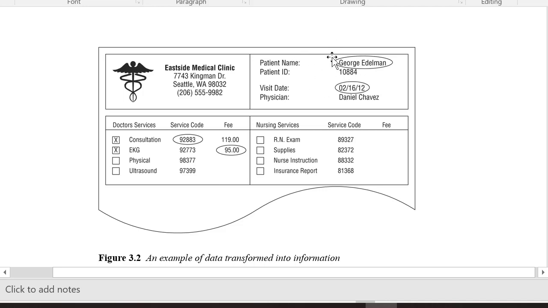But one is the object table, which is probably patient's name and information, and the other one is the event. What did they do and when did they do it, and what fees did they use, what service code, and so on. So I wanted you to get a feel for the two different types of tables that you'll have.